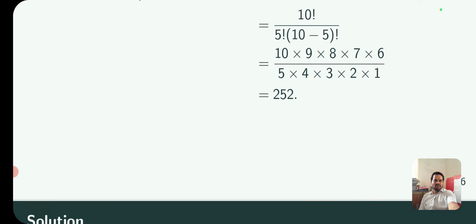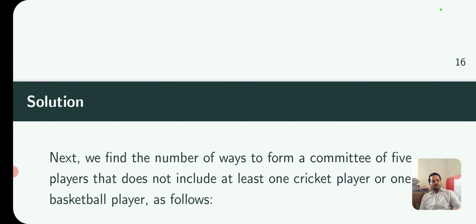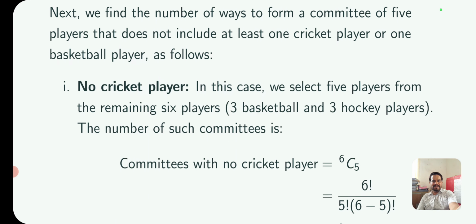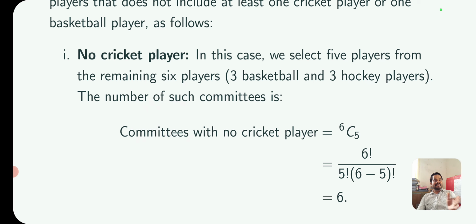After that, we have to find the number of ways to form a committee of 5 players that does not include at least one cricket player or one basketball player, as follows. No cricket player means we select the 5 players from the remaining 6 players.